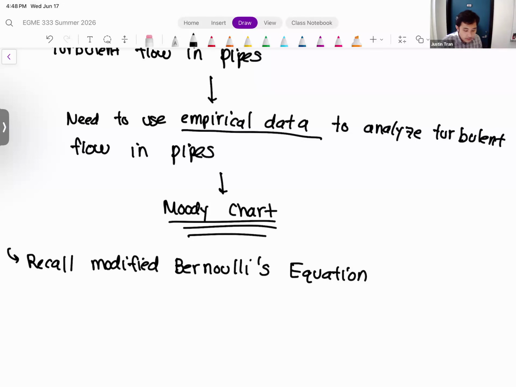Okay. Now I'm going to present this in a very interesting form that we haven't seen just yet. So I'm going to take our modified Bernoulli and divide the entire expression by the density as well as gravity.